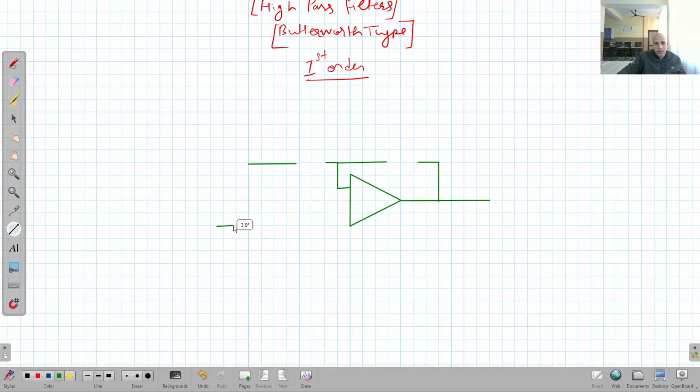We are going to connect the input signal at this terminal of the op-amp.